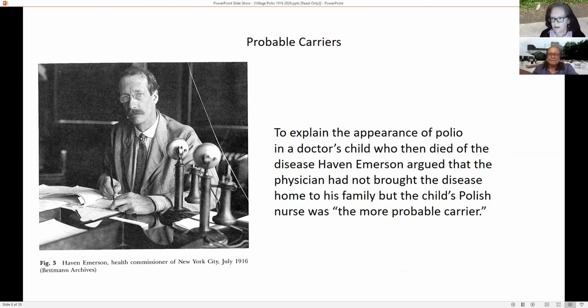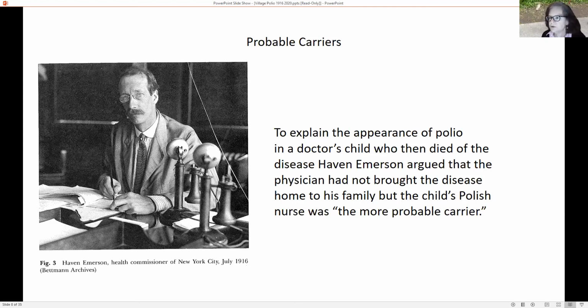and the health commissioner, the senior health official of New York City, Haven Emerson, shared a general belief that the probable carriers of polio, and it's possible that also these were people who had originated polio in the city, were immigrants.